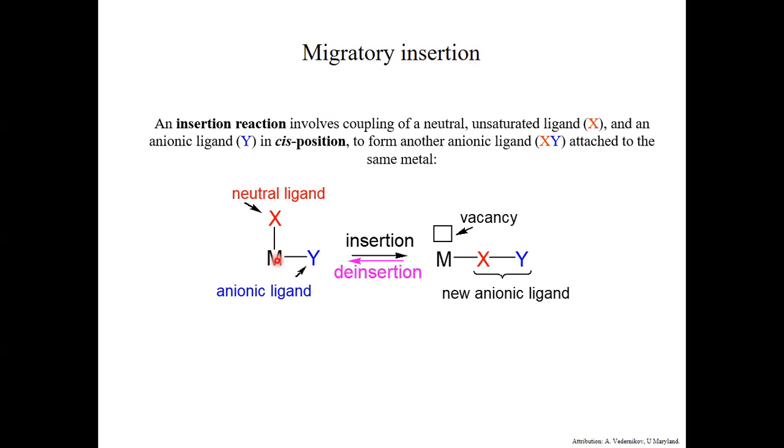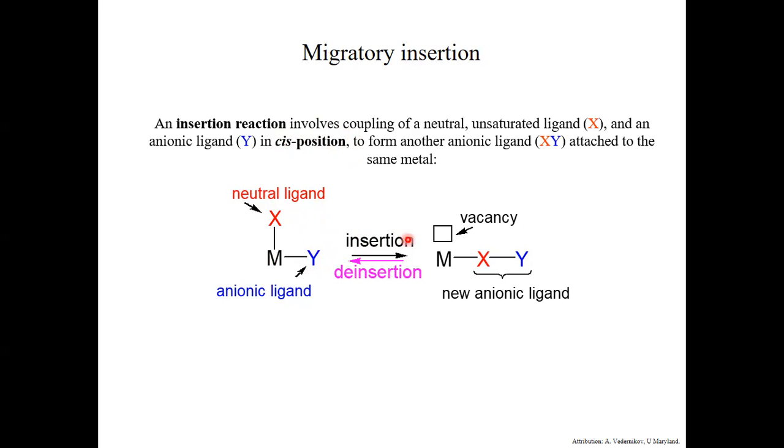So you see this principle here. You have a neutral ligand, and here you have an anionic ligand, and these have to be in cis position relative to each other, because otherwise the insertion cannot take place.